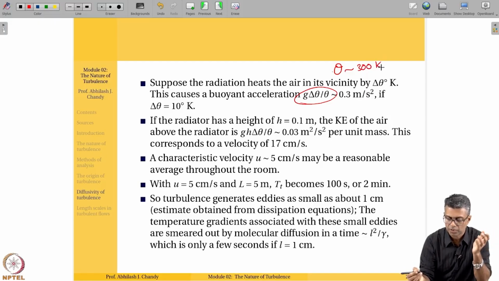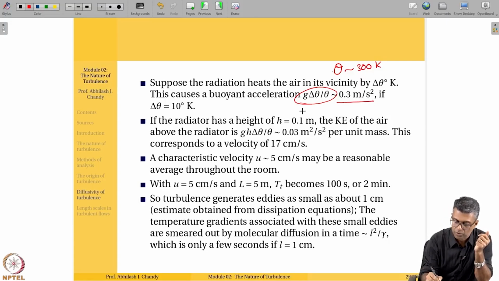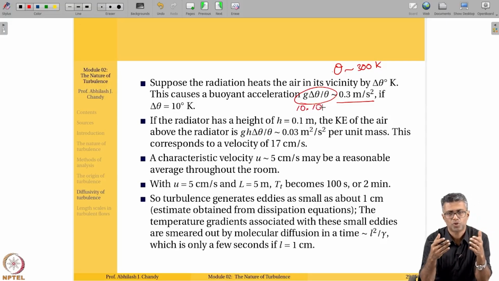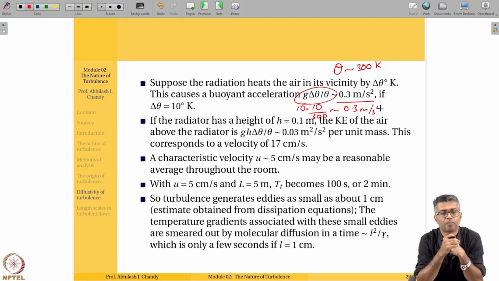Delta theta over theta multiplied by g gives you 0.3 meter per second squared. You get that by assuming approximately a 10-degree temperature difference, divided by 300. That's how I come up with that number.